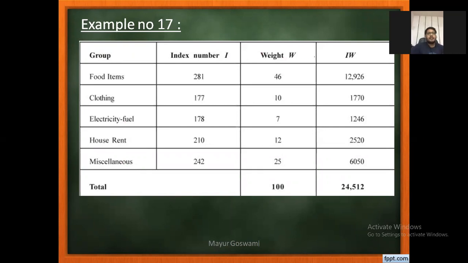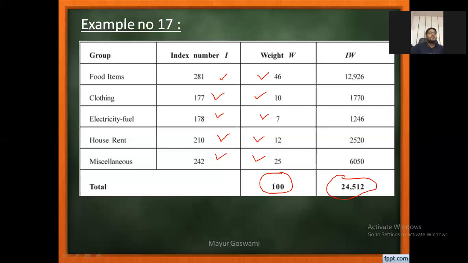So I into W: 281 into 46, 12,926; 177 into 10, 1770; 178 into 7, 1246; 210 into 12, 2520; and 242 into 25, 6050. The total of this is your sigma IW, which is 24,512. And the total of W is sigma W, which is 100.